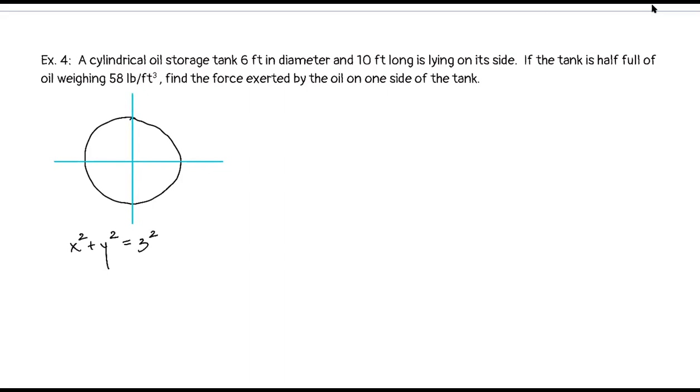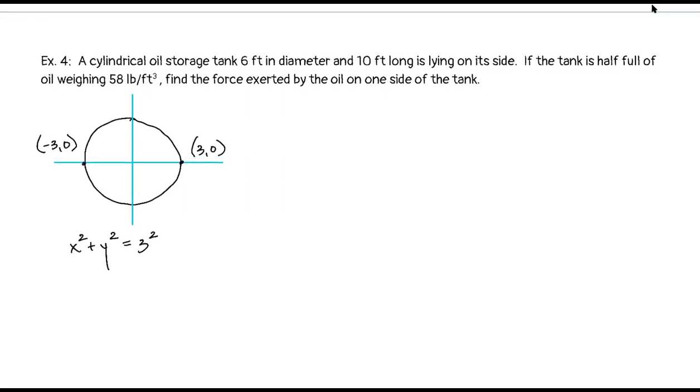This is kind of like the square one, where we had the third scenario with the coordinates at the center and then went +2 and -2. It's the same idea. If we were to label a few coordinates here, I've got (3, 0), (-3, 0), (0, -3), and (0, 3).